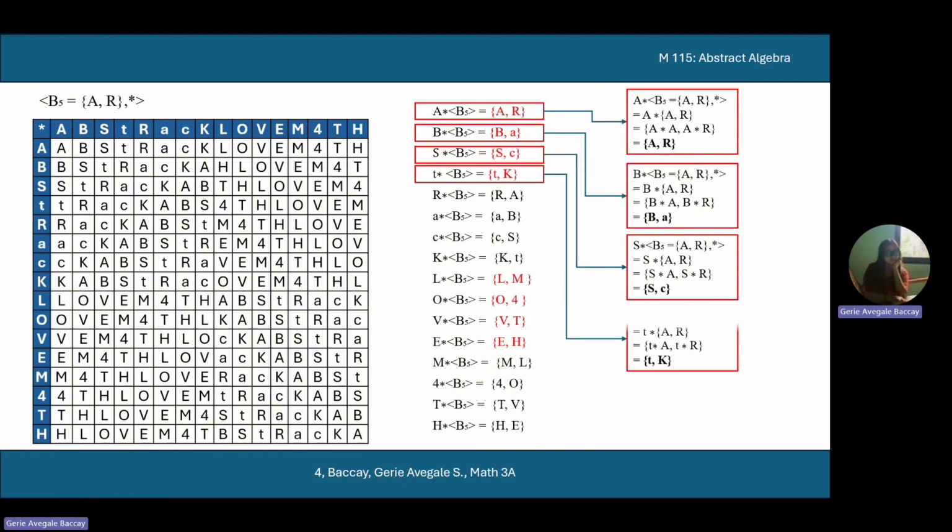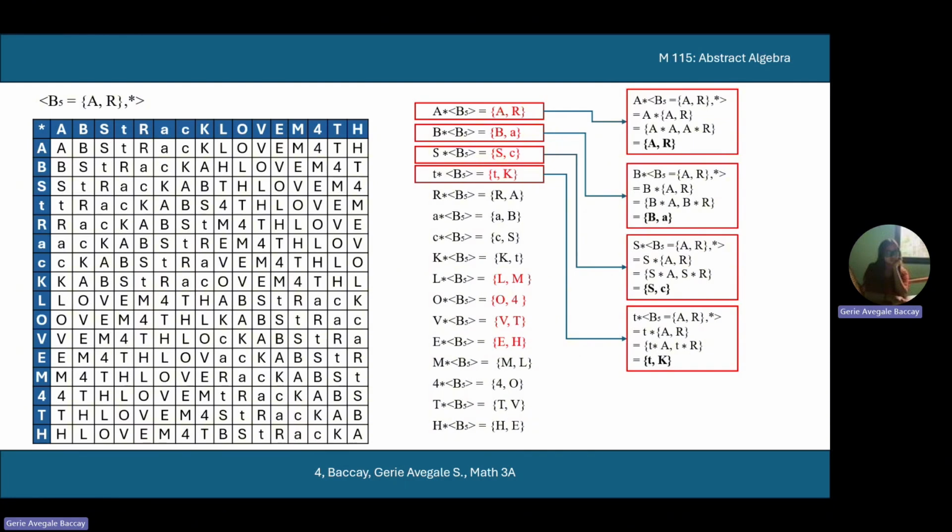Next, let's have T. T star A is small t, and T star R is K. Just repeat the process to get the left cosets of B sub 5. As we can see, we have 8 distinct left cosets for B sub 5.